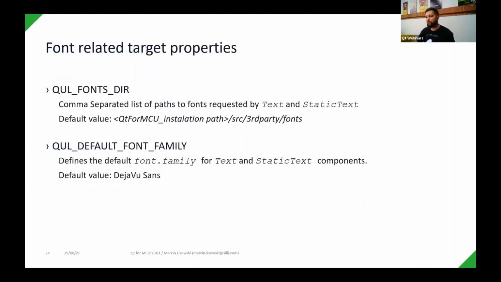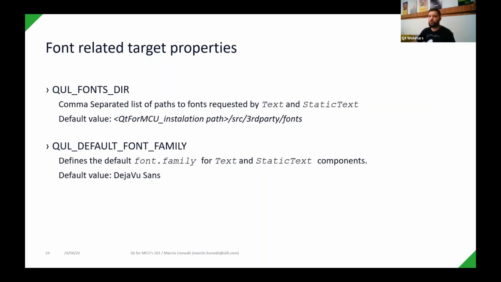Some properties related to fonts. There is a Qt fonts dir. This simply defines where the fonts that you are going to use are located. By default, it points to the source third-party fonts subdirectory, if we are moving from the Qt FreeRTOS installation directory.